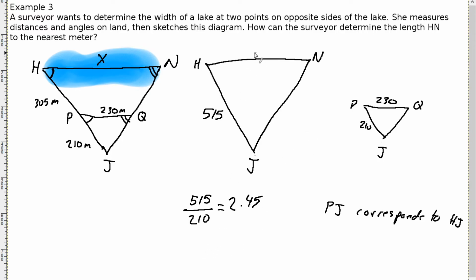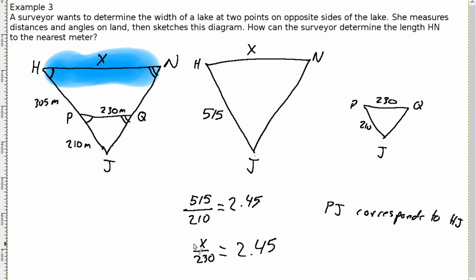And if we set up our proportion, we're looking for this one here. We have that one on top, and this one corresponds to this one here. So 230, and that equals 2.45.